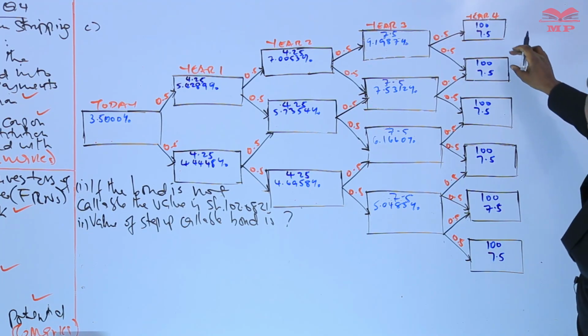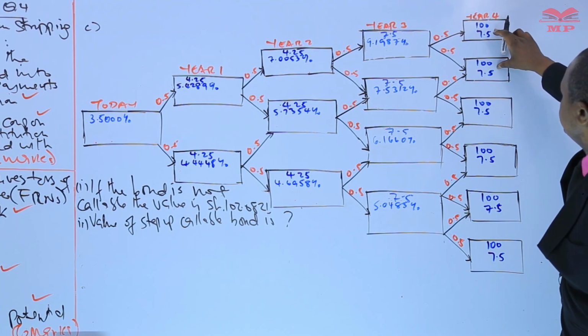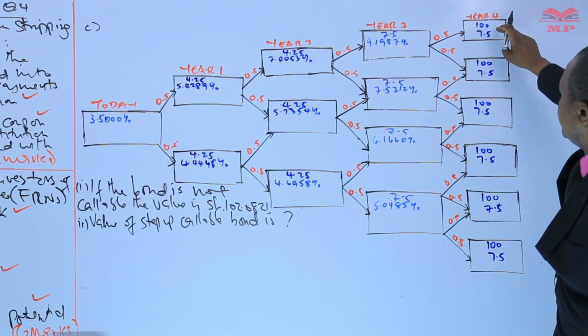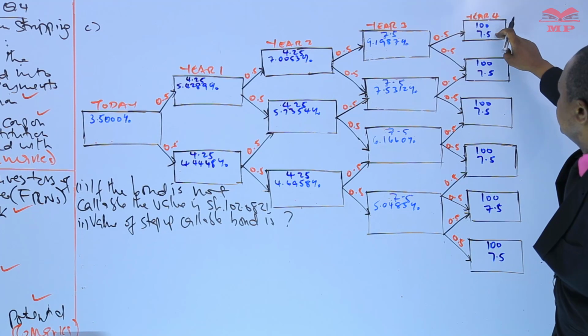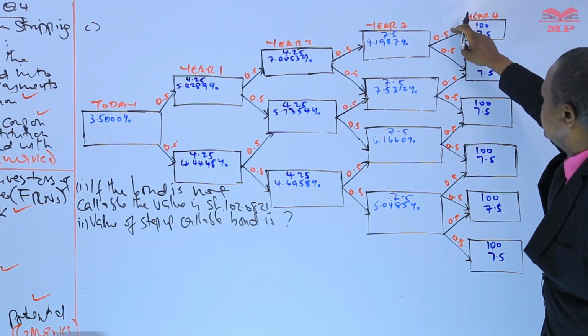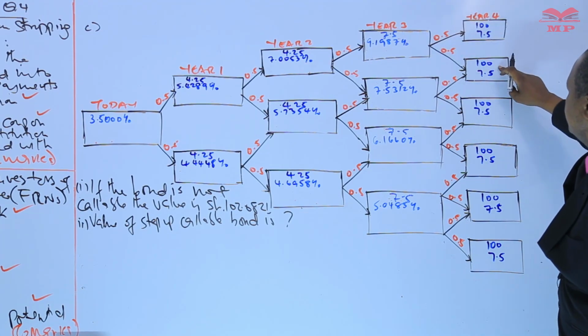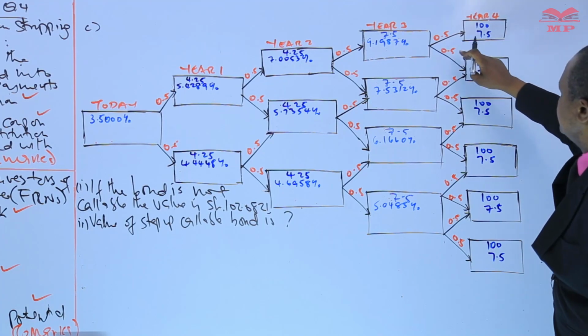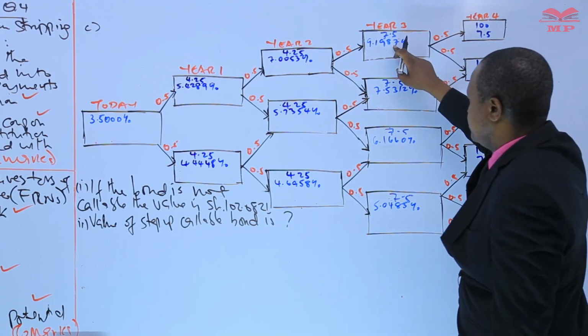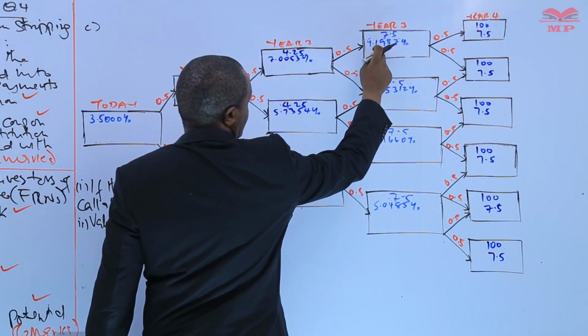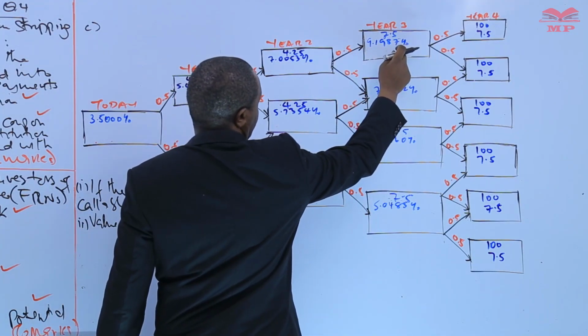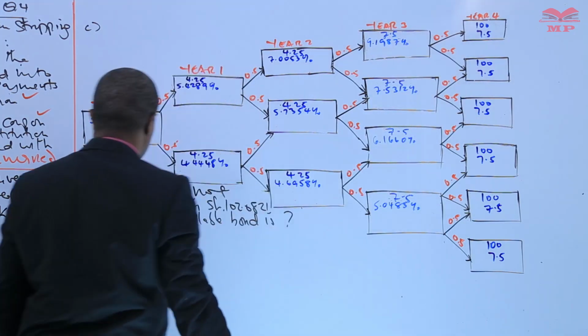We're going to first of all add these two: 100 plus 7.5 times 0.5 plus 100 plus 7.5 times 0.5, using this discounting rate.